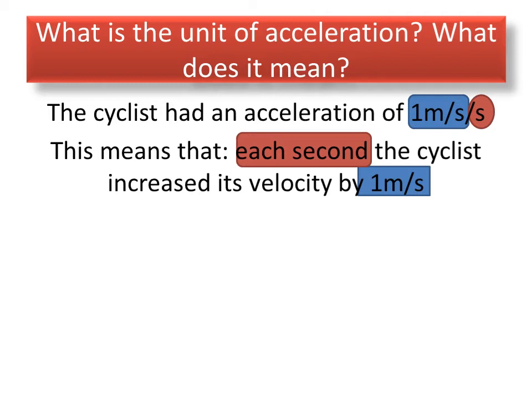First, I'm going to start with the red circle. It means per second, it means each second, in 1 second. In other words, each second the cyclist increased his velocity by 1 meter per second. In other words, the velocity was changing 1 meter per second every second.